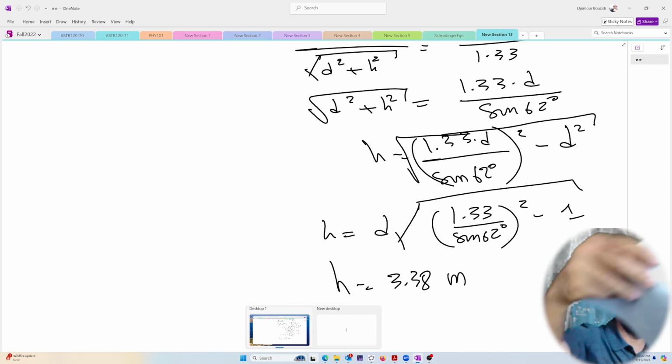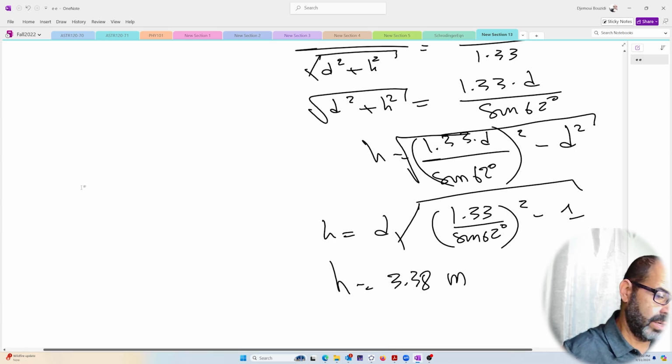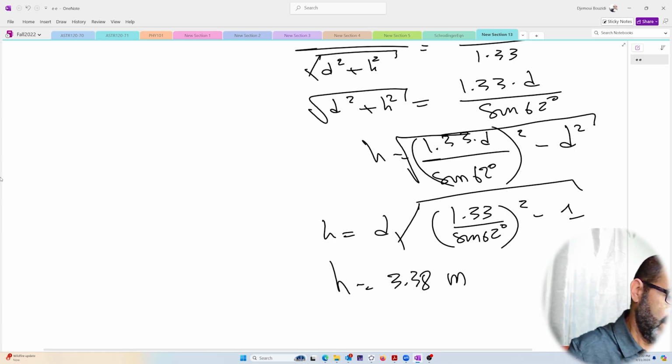One final problem from this chapter. It says that endoscopes are medical instruments used to examine the gastrointestinal tract and other cavities inside the body.